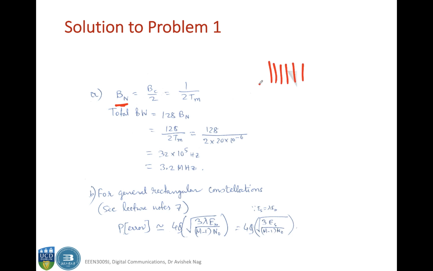There are many subcarriers, so Bn is basically the bandwidth of each subcarrier. If you have 128 subcarriers, then the total bandwidth is 128 times Bn. So this is 128 over twice Tm, and everything is given here. In that way you get 3.2 megahertz as your total bandwidth.